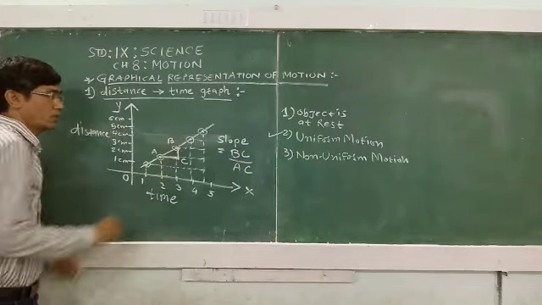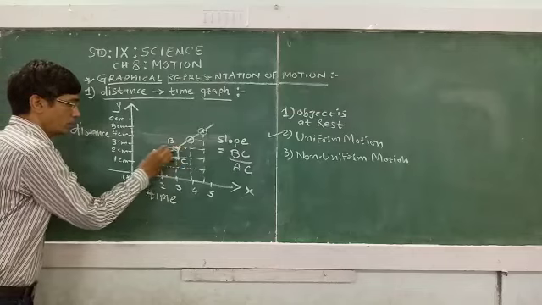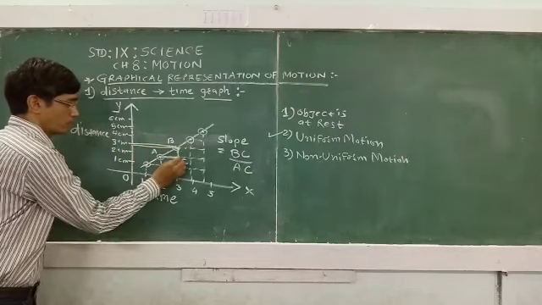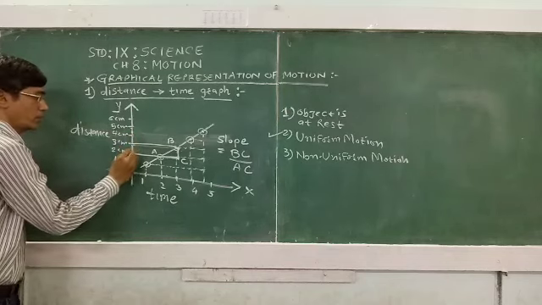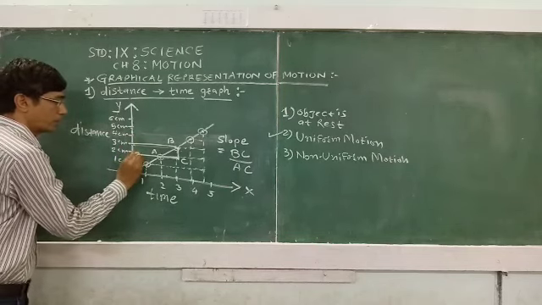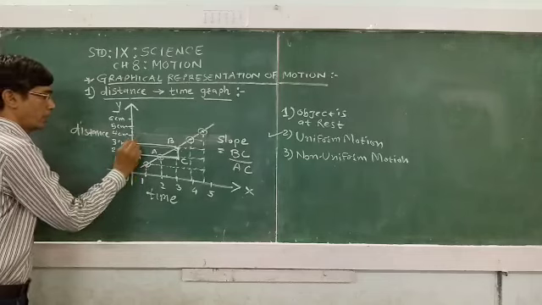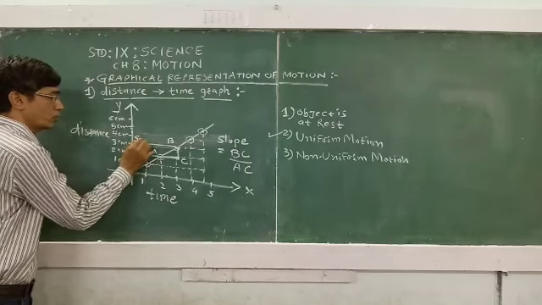BC is the difference of the distances. Let us take 2 cm as the distance S1 and 3 cm as the distance S2.